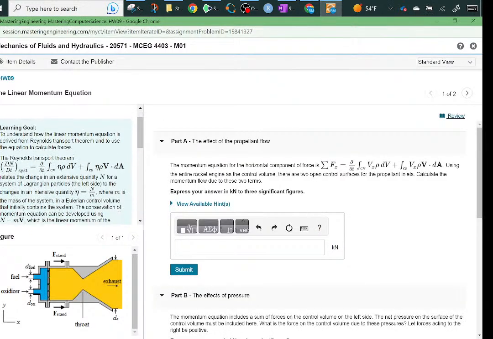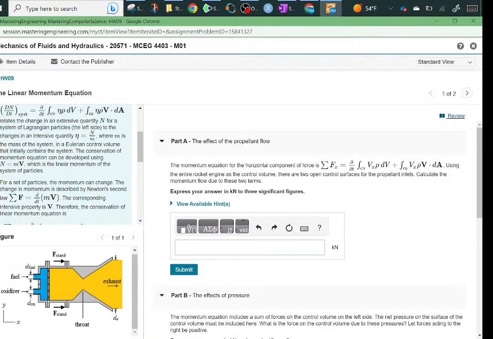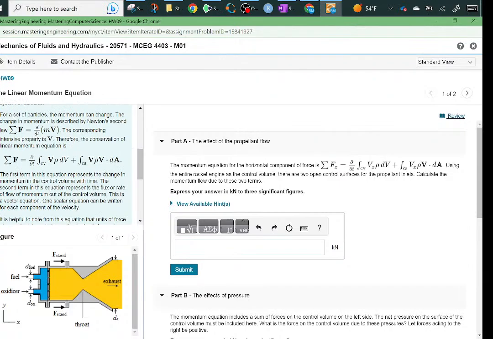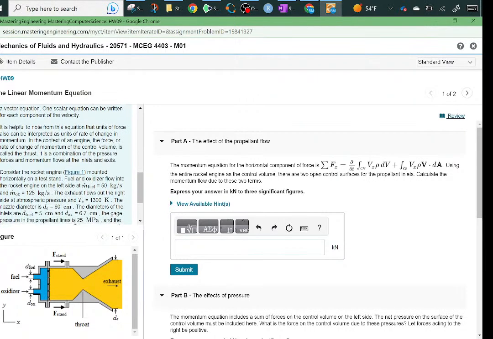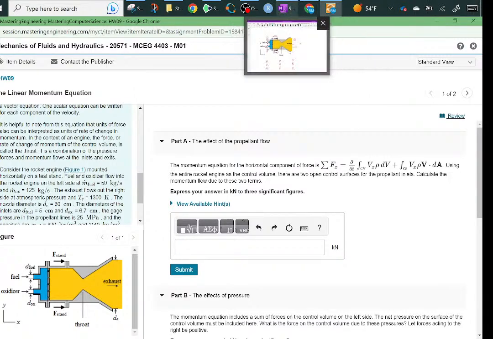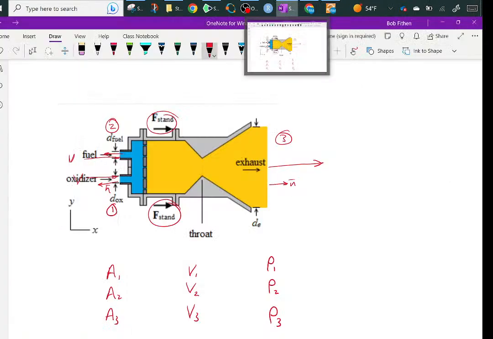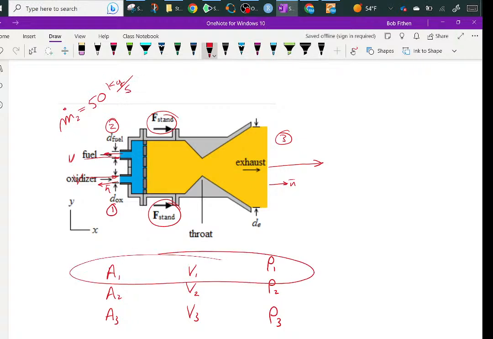So he goes through it and says all this, but then I'm looking for the mass flow rates. M dot fuel is 50 kilograms per second. So M dot 2 is 50 kilograms per second, which I can get all this out of it, but I don't need to.